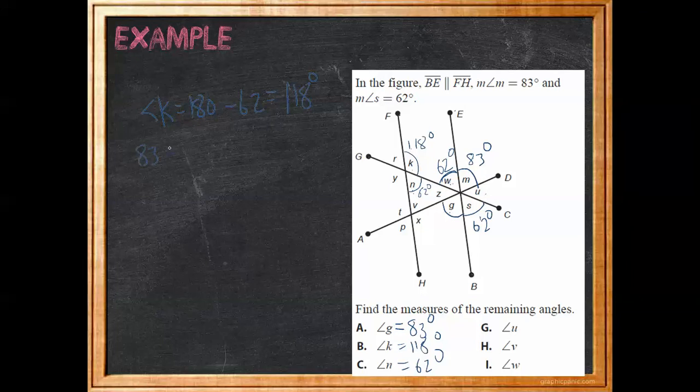So 83 plus 62 is 145, plus the measure of angle U needs to equal 180. So now we know the measure of angle U is going to equal 35 degrees. So we can say U is 35 degrees.